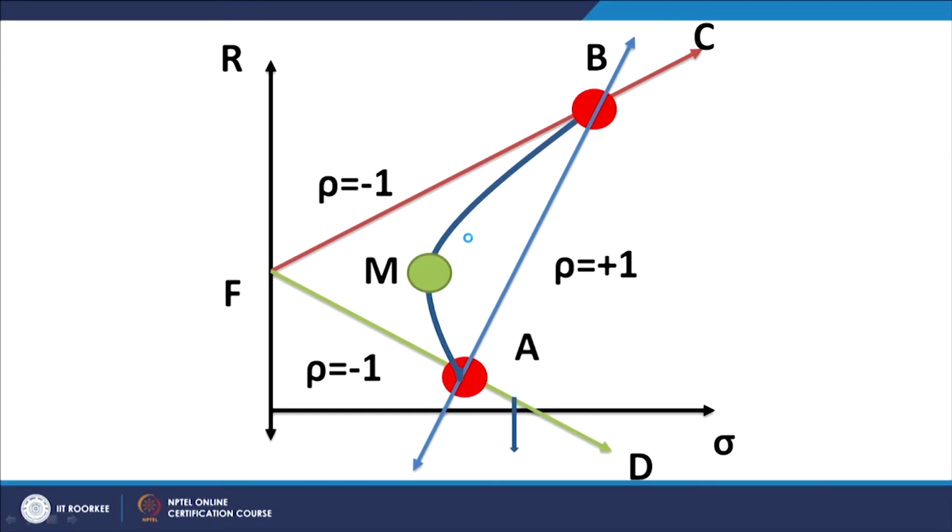When I was discussing this figure, I explained that if there are no short sales allowed, then the portfolio possibilities curve for any value of rho lying between minus 1 and plus 1 will be a hyperbola, or the section of the hyperbola that lies between A and B. That is the situation when there are no short sales allowed of security A or B. What happens if this condition is relaxed, if now short sales are allowed?